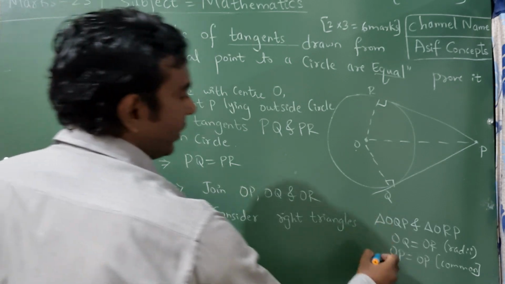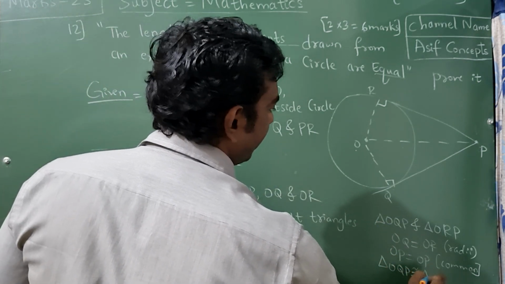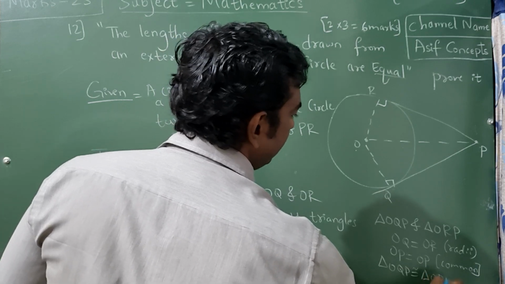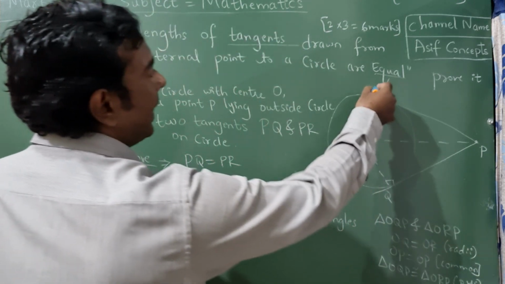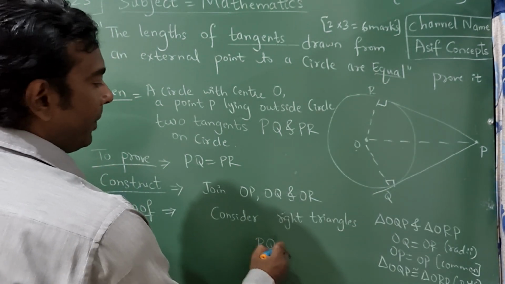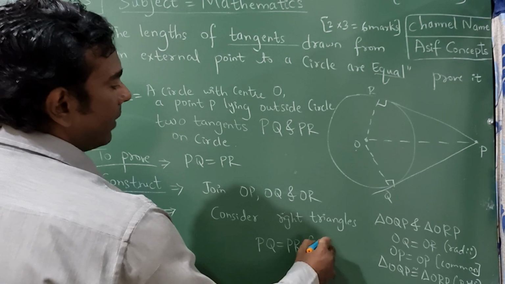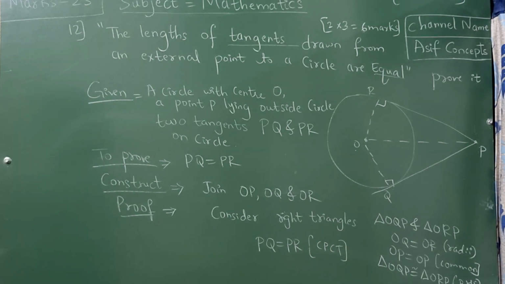Okay, so by this we can tell both the triangles are congruent by RHS, since angle Q and angle R are 90 degrees. So by this we can tell that PQ is equal to PR, tangents are equal by CPCT. So this completes your theorem.